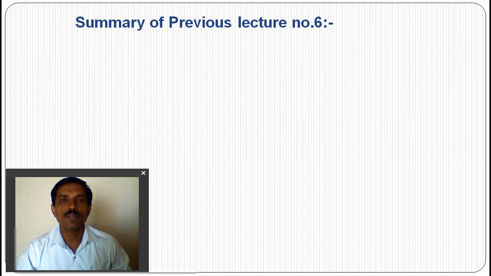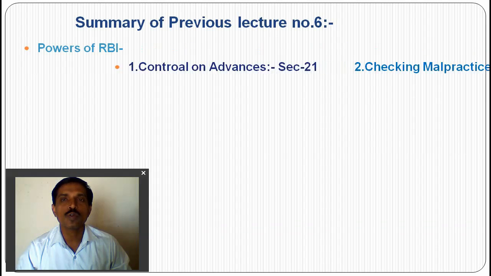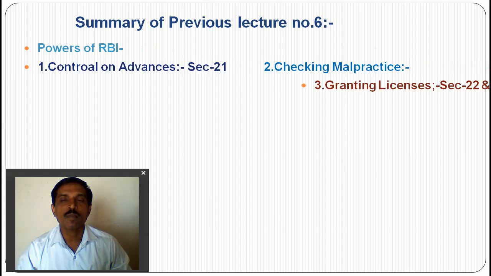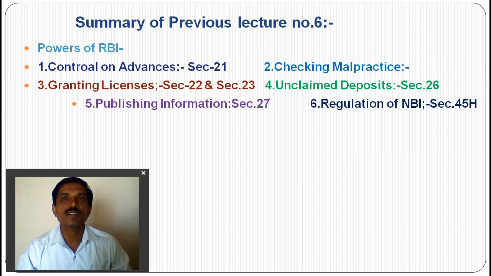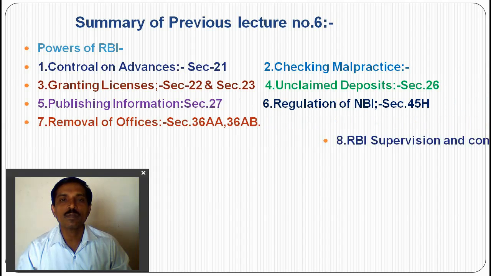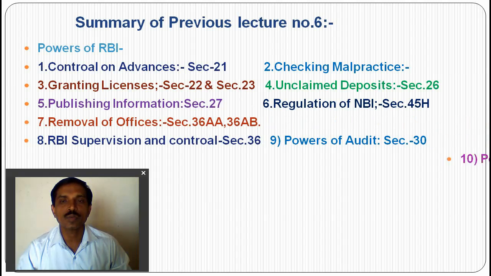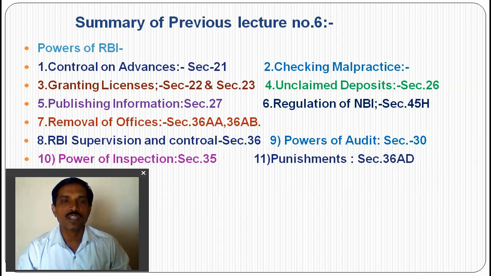And a brief summary of the previous lecture number 6. In the previous lecture we saw some powers of RBI under various sections. The powers of RBI under section 21: control of loans and advances, checking malpractices in banking companies in India; granting licensing to banking companies under section 22, and branch licensing under section 22; and unclaimed deposits under section 26.